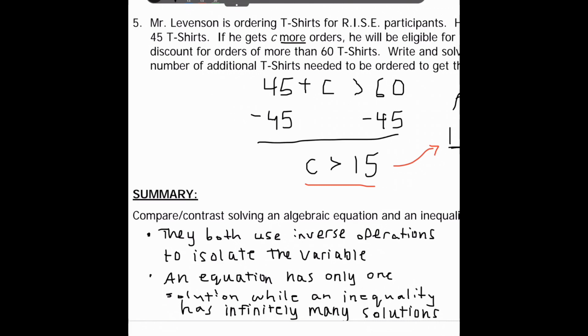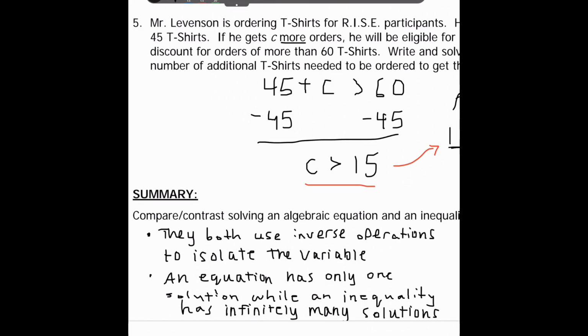And that concept is really important. When we solve an algebraic equation with an equal sign, when you find the answer to that equation, that is the only solution. But when you solve an inequality, since there is an inequality symbol, for example, like in number 5, we got the answer of c is greater than 15.